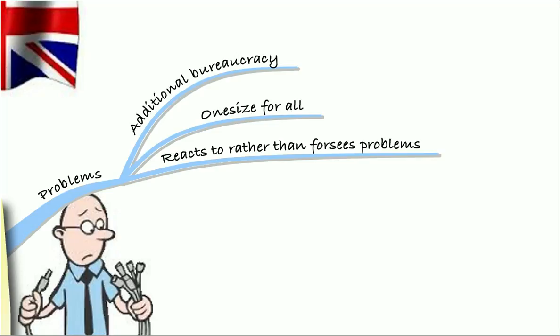It is the case that corporate governance codes tend to react to rather than foresee problems. So usually corporate governance codes are adjusted or indeed come into existence as a response to previous failures. So rather than trying to see what the potential failures could be in the future and try and address those problems, corporate governance codes are usually a reaction to some failure or another.